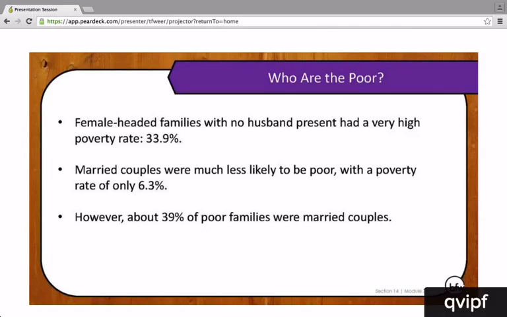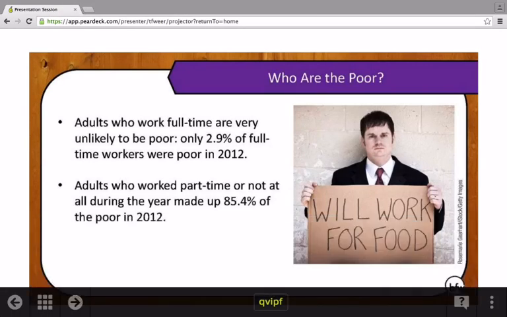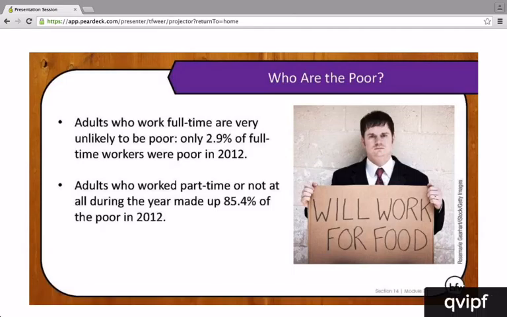So it still does occur amongst married couples. I also mentioned that adults who work full-time are very unlikely to be poor, only 2.9% of them in 2012. And notice the high poverty rate, 85.4%, of those who worked only part-time or not at all, the group most likely to be poor.